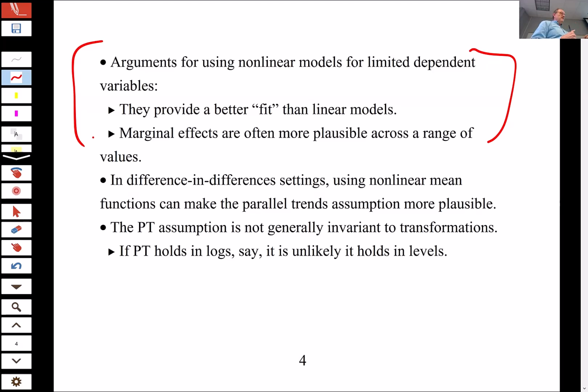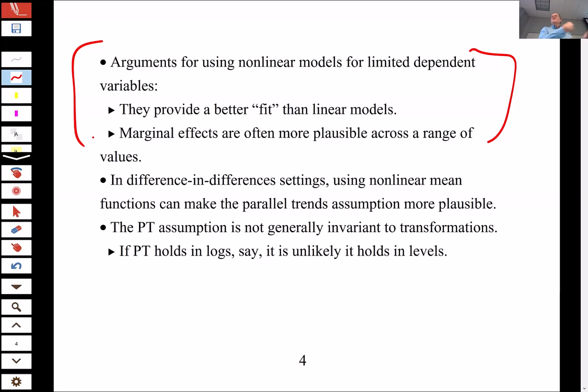A better argument is that if you're looking at things like marginal effects, like a treatment effect, the nonlinear models can often give you something that's more plausible. Like if you estimate a linear model for a binary outcome, you'll sometimes find that as you keep increasing the x, eventually the probability will go above 1, right? And that's a little uncomfortable, right?